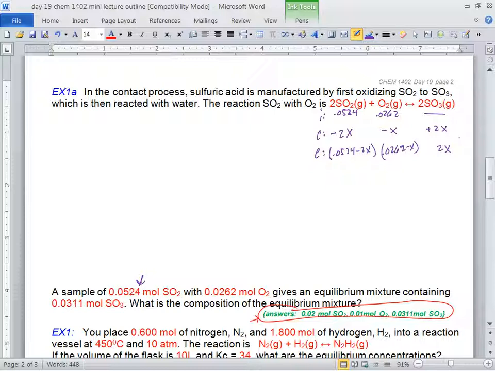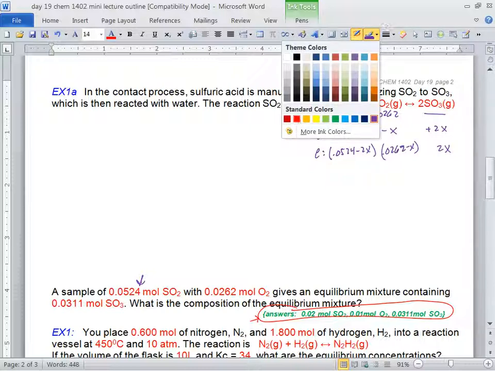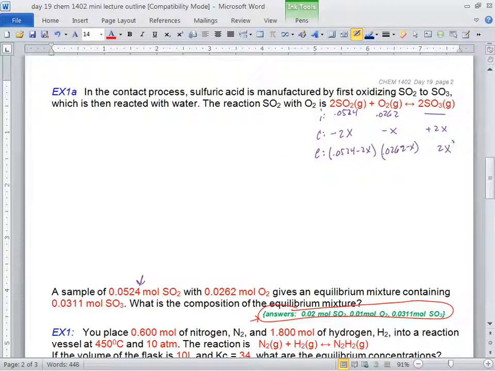Solve for x. Does it give you the 0.0311 mole? Yeah, that's how you solve for x. Exactly. So you set what equal to 0.0311? 2x. And then you got it. Then it's just straightforward after that. Solve for them, substitute them all in, you get those numbers.